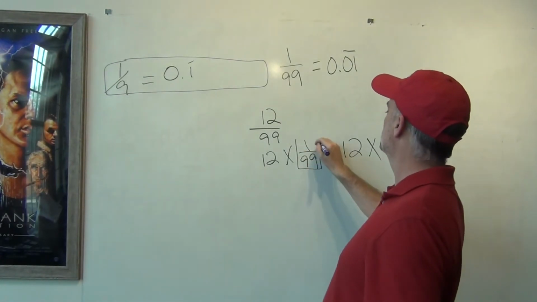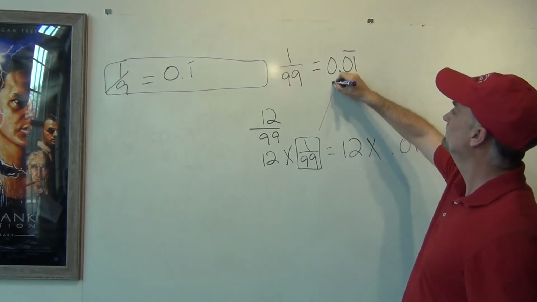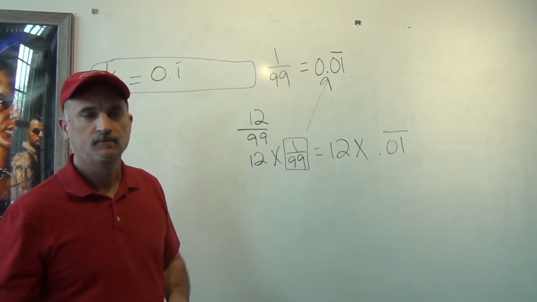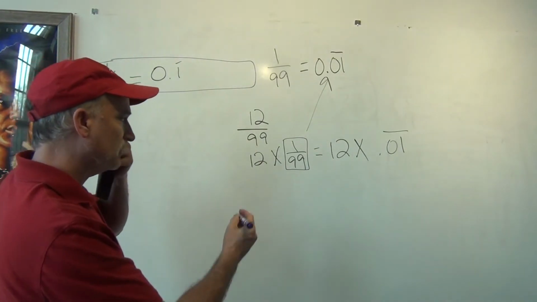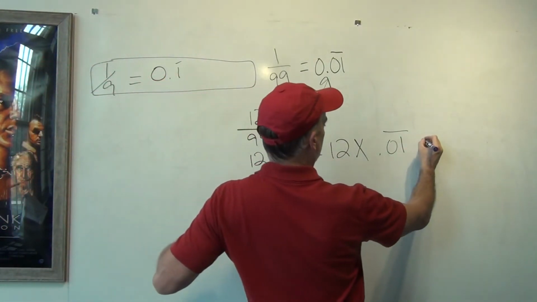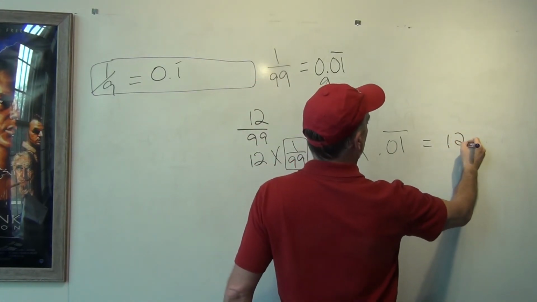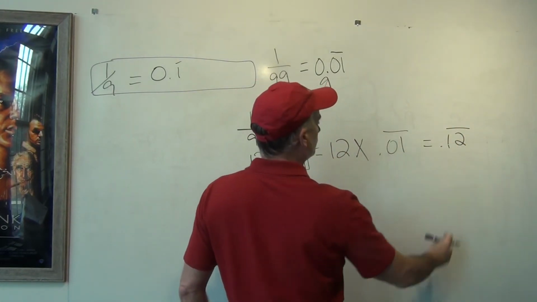I'm taking this and I'm just converting it to that. Now, I didn't finish this problem out, but 12 times 0.01 is going to get you 0.12 repeater.